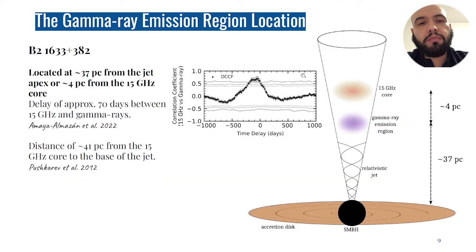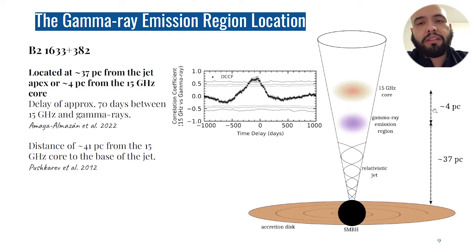For B2 1633+382, we performed a cross-correlation analysis between the multiple wavelengths. One of the most interesting results was a significant correlation at a delay of approximately 70 days between the gamma rays and the 15 GHz, which allowed us to estimate the distances between the emission regions of these two wavelengths.